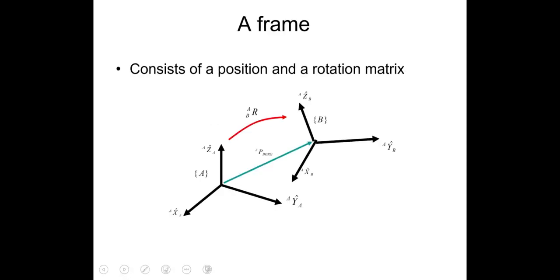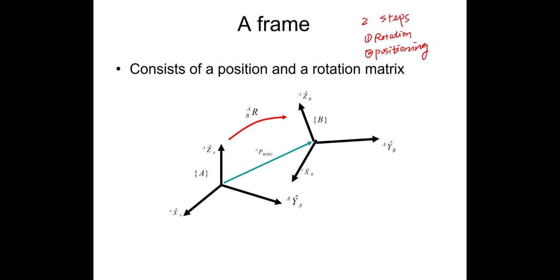And then remember that when we consider two frames, from one frame to the second frame, in this case from A to frame B, we always consider two steps, right? One is the rotation, which we just talked about. And the second is the positioning, it means the translational motion.